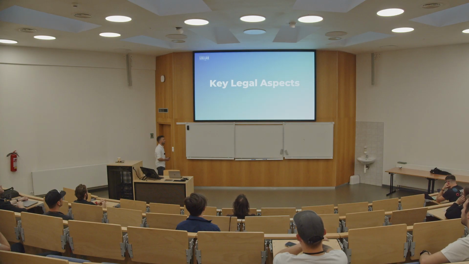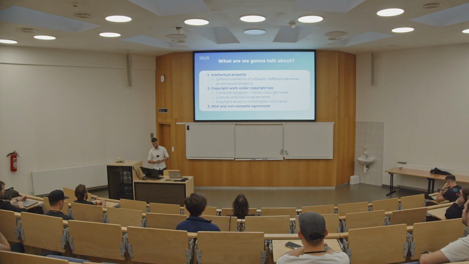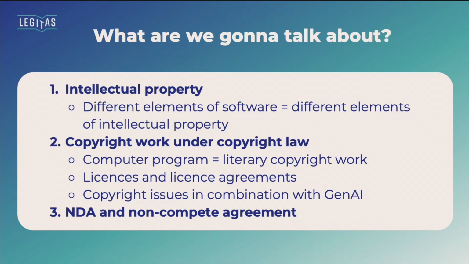Before I try to answer them, I'm going to explain a little bit of theory about the whole situation. If we talk about software and its related rights, we talk about intellectual property rights.